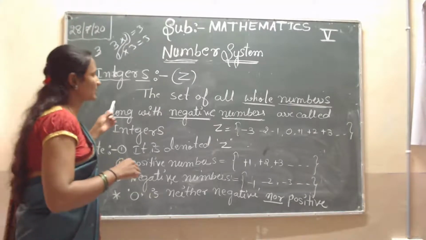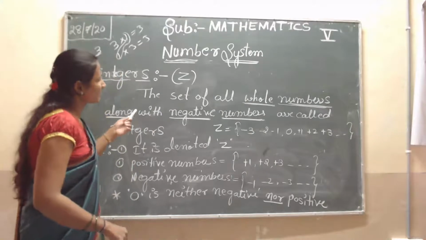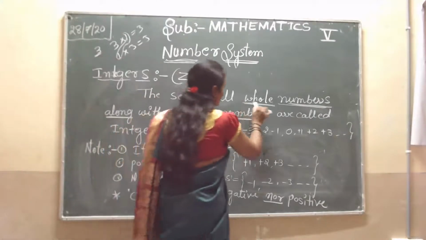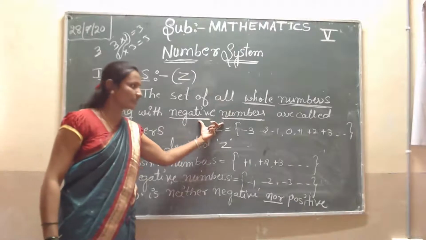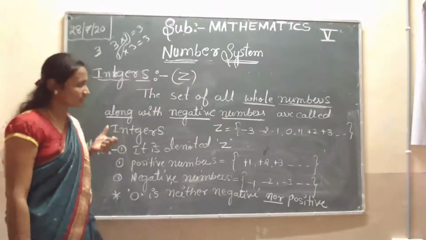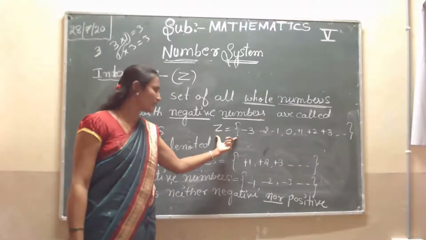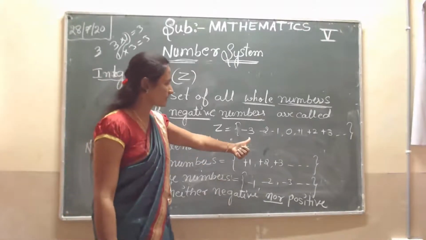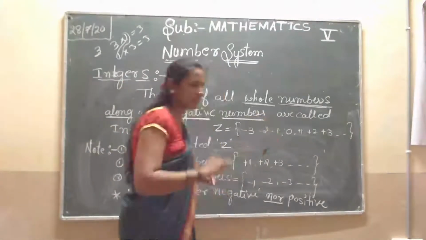Students, integers are generally denoted by capital Z. The set of all numbers along with the negative numbers are called integers. For example, Z = {-3, -2, -1, 0, 1, 2, 3, ...} and so on.